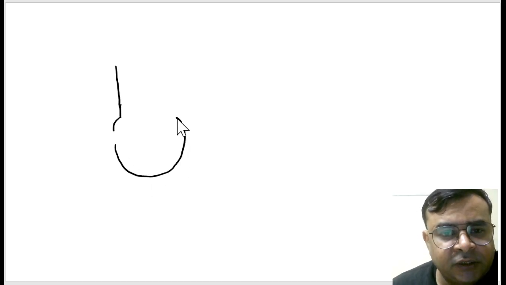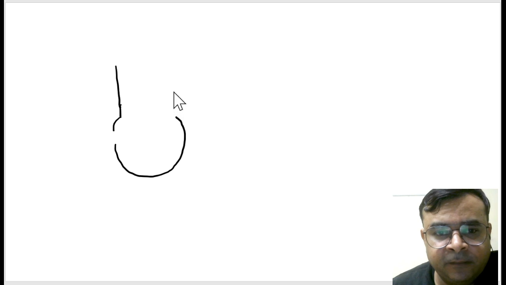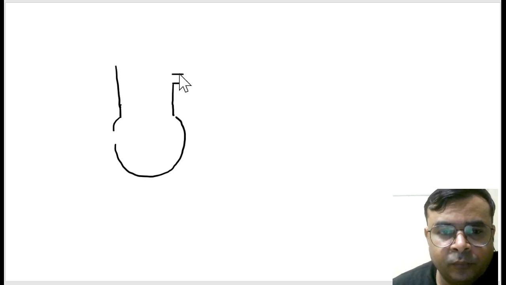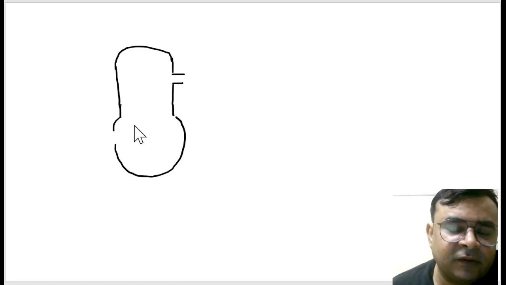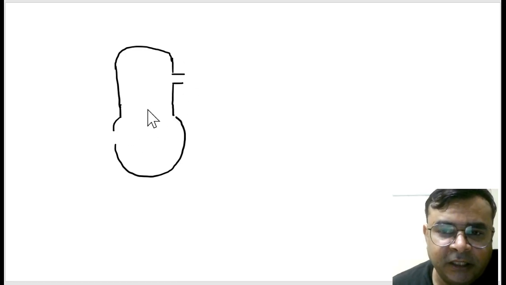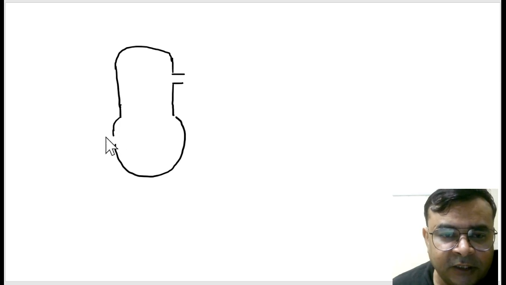You simply construct a figure like this. This is the outer structure of this two-stroke engine. And obviously here you provide a spring-loaded valve.